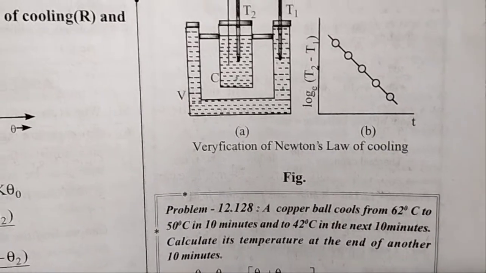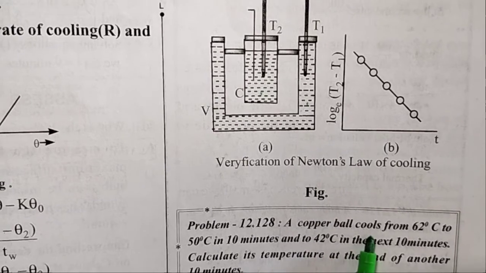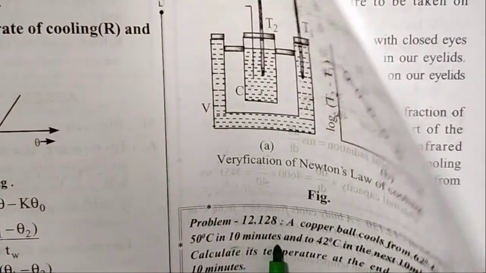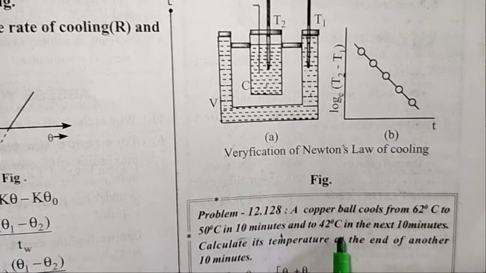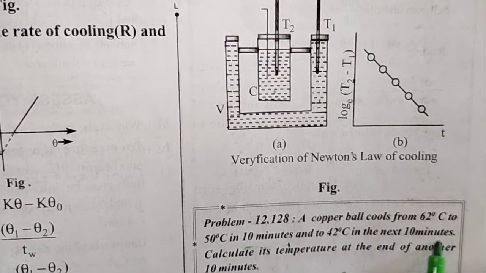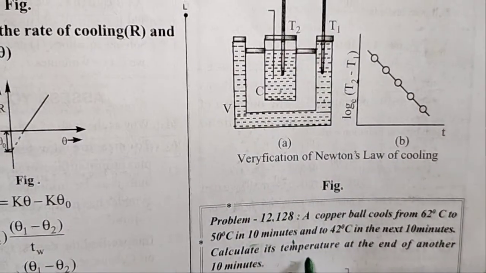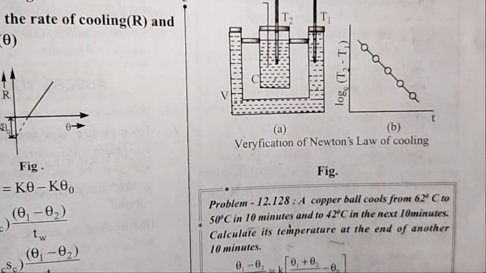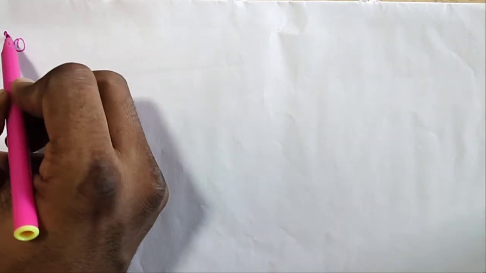Here I will explain some problems. A copper ball cools from 62 degrees to 50 degrees in 10 minutes and to 42 degrees in the next 10 minutes. Calculate its temperature at the end of another 10 minutes. This first problem is very simple.